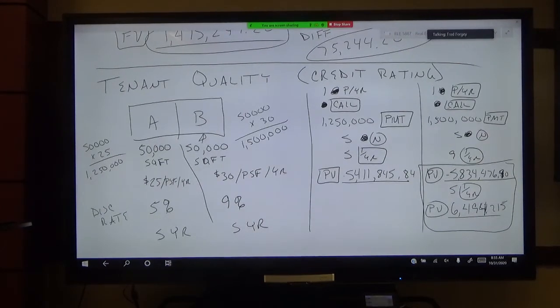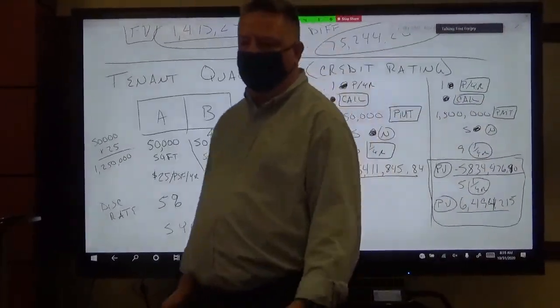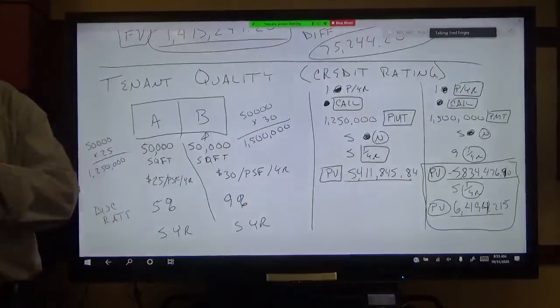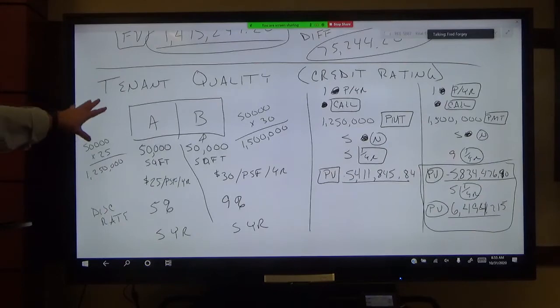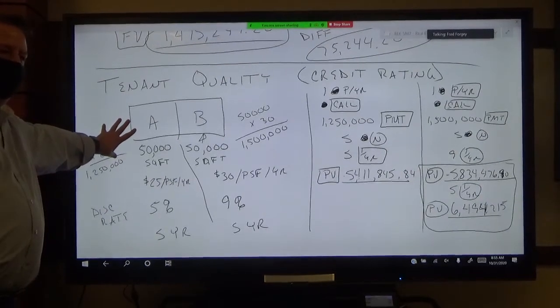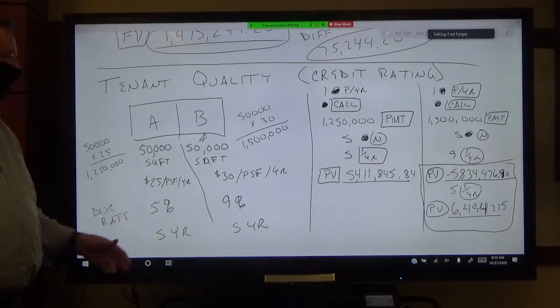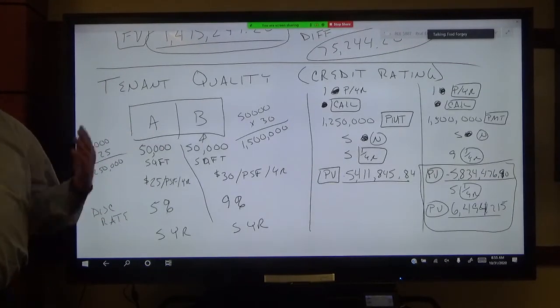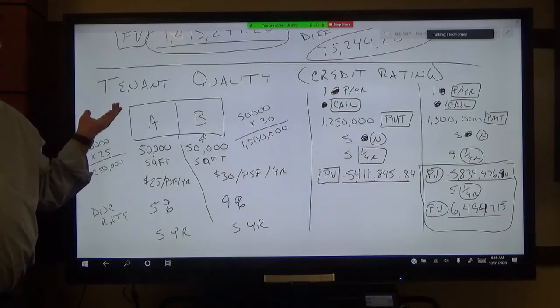But the caveat is there's also probably a higher level of risk of getting your money from those Class C tenants than from Class A tenants. But assuming you can get your money from the Class C tenants, it might actually be a much better return overall than the Class A.